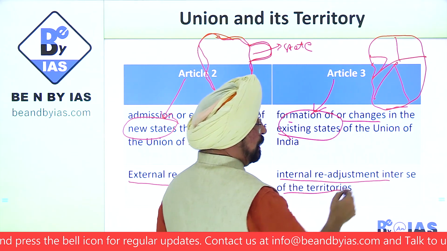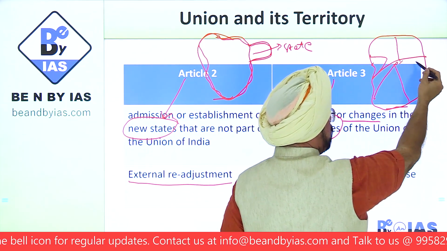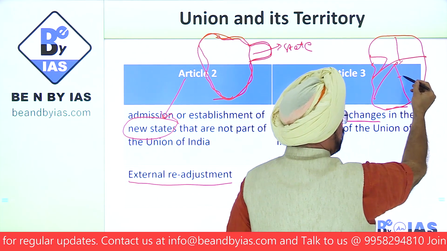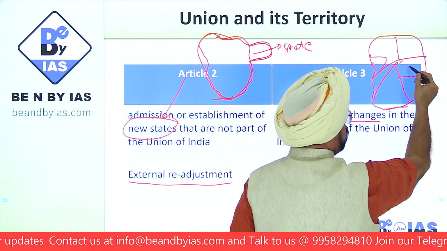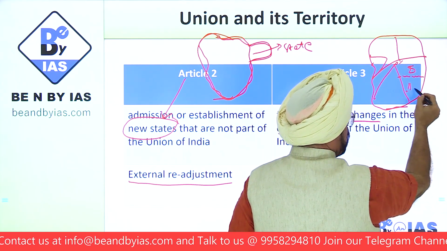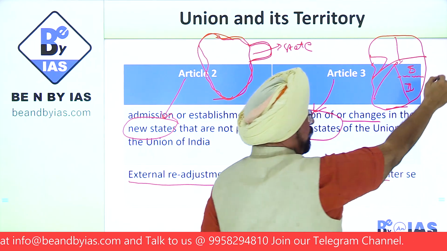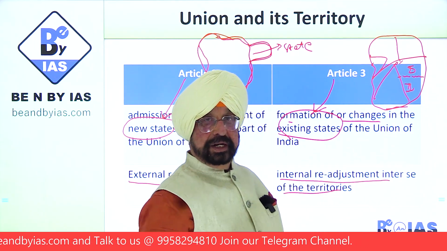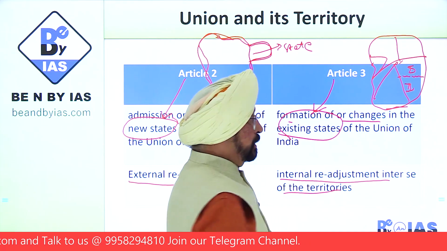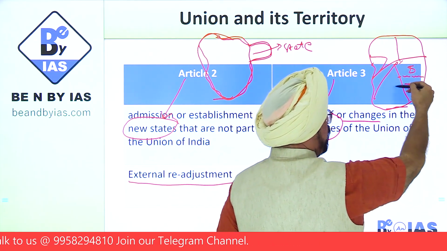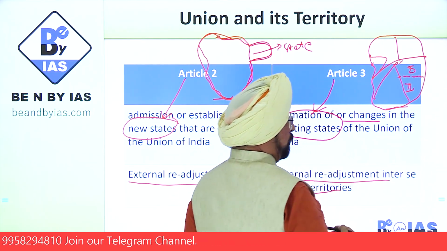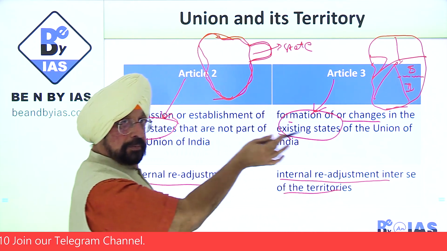Now what happens, since this is a larger state, it is divided into two. But the overall boundary of the country remains the same. It is only the internal readjustment. Do you know the difference?